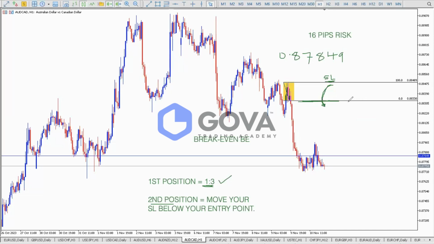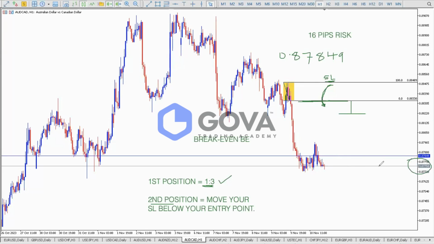What you just need to do is make sure that moving your stop loss below your entry point is not too close. If your stop loss is going to be here, make sure that the market price is a little bit far away from your stop loss.